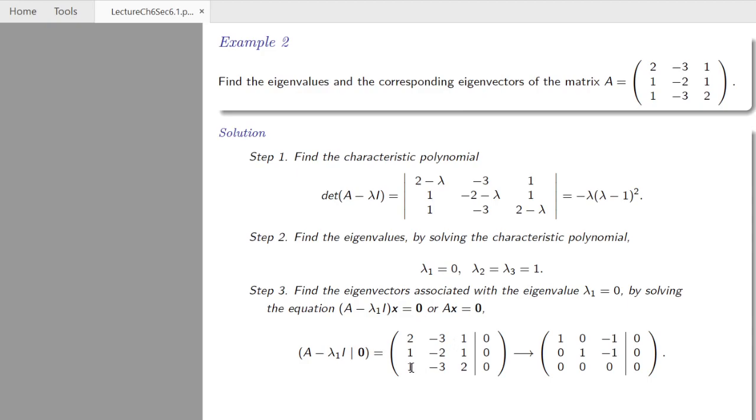We use the first row minus the third row. In that way we get 2 minus 1, we get 1. And then negative 3 minus negative 3, we get 0. And then 1 minus 2, we get negative 1. And the last value here does not change because that's just 0. So in this way we get the first row.